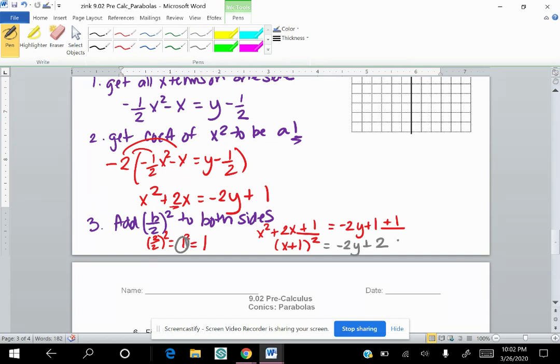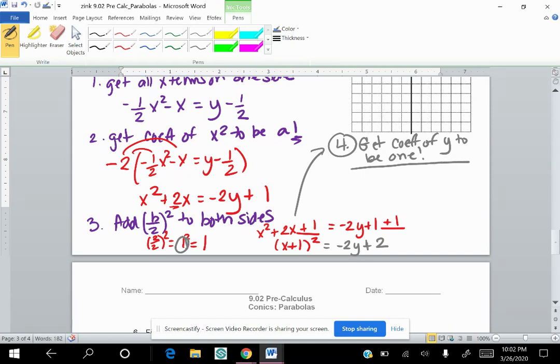And then this part, let's call this step 4, is the part that tricks a lot of students, is that you need to get the coefficient of y, or if the x and y's have been switched, then the x, that you have to get that to be a 1. So you're not factoring out a GCF over here.